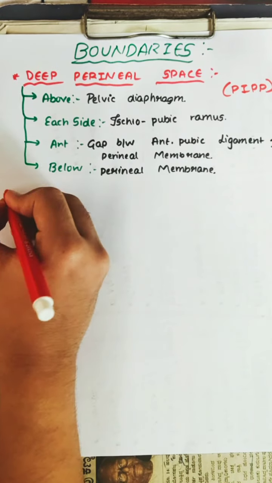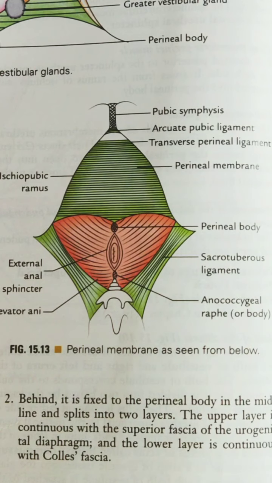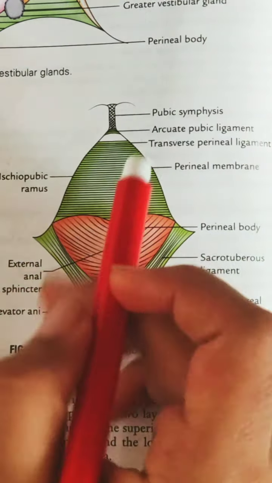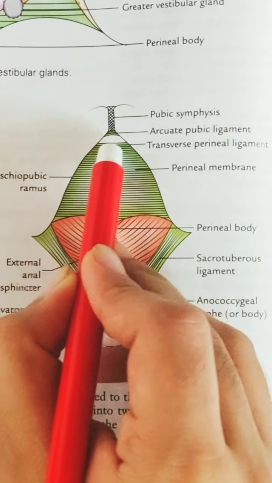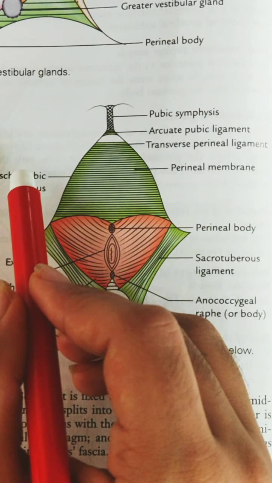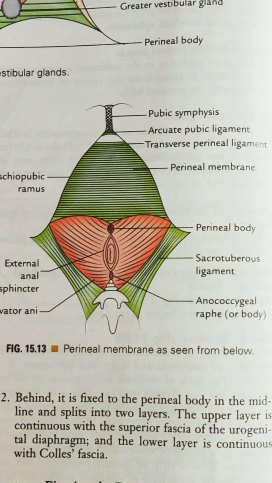Okay. Now we'll see the boundaries of the perineal membrane. But before going to the perineal membrane, we look at the diagram of the deep perineal space. You can see a space here. This space is called the deep perineal space. On the above you have the pelvic diaphragm.